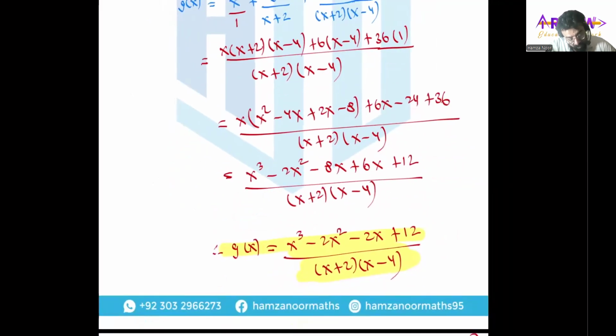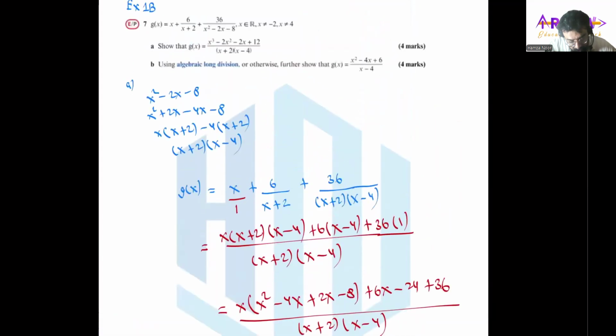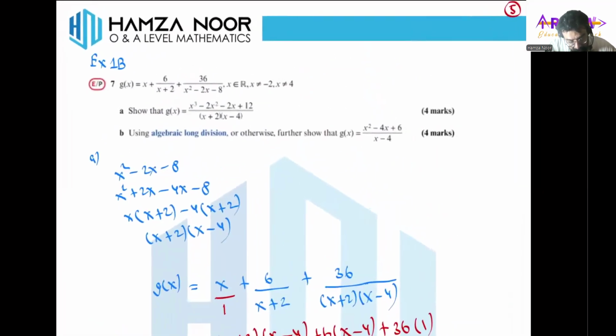So therefore you have obtained your answer in the very next step. You are just going to simplify these two terms in x. So therefore, g(x) is equal to x cube minus 2x square minus 2x plus 12 completely divided by x plus 2 multiplied by x minus 4.